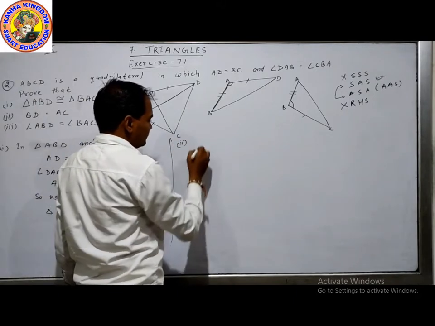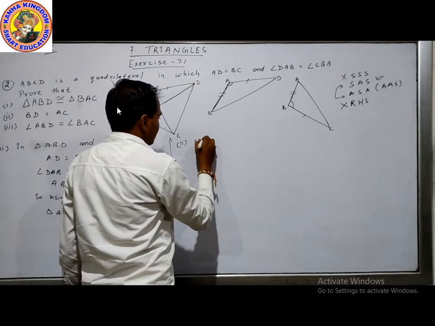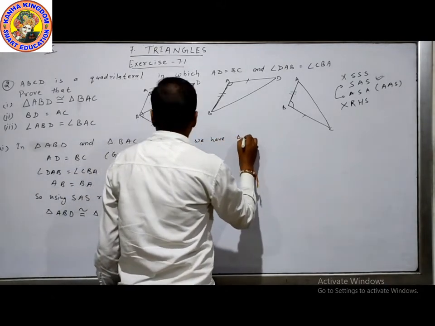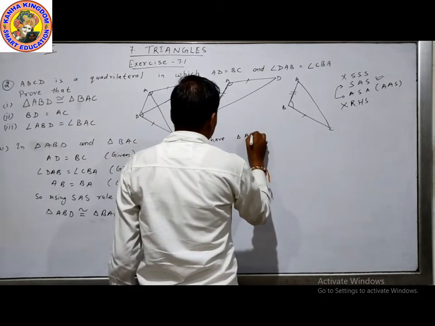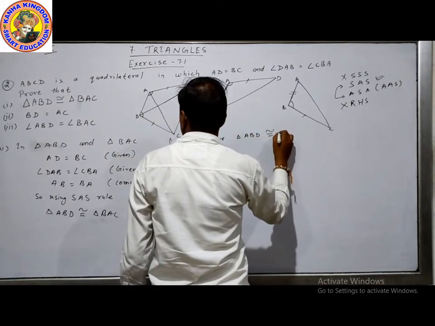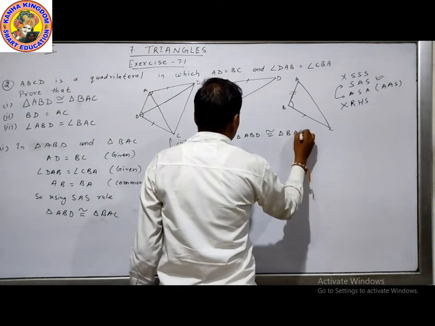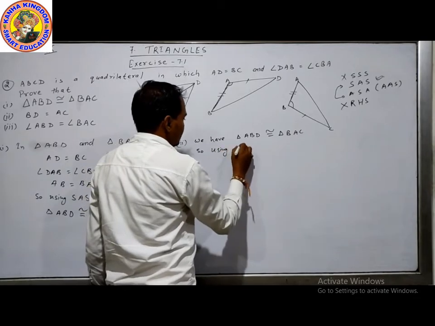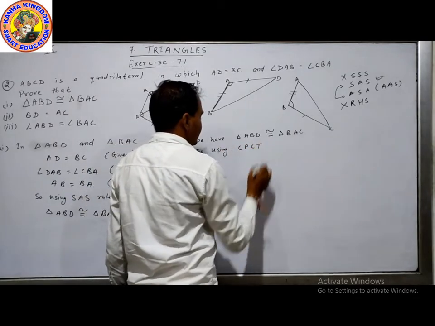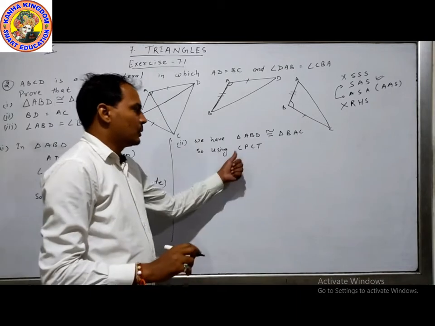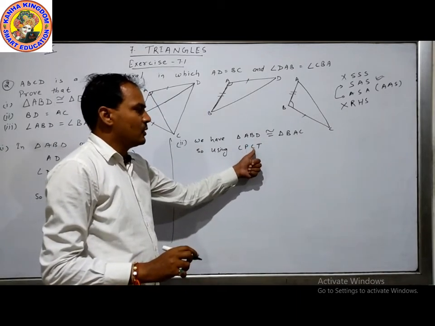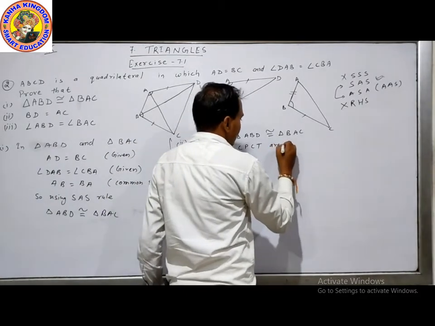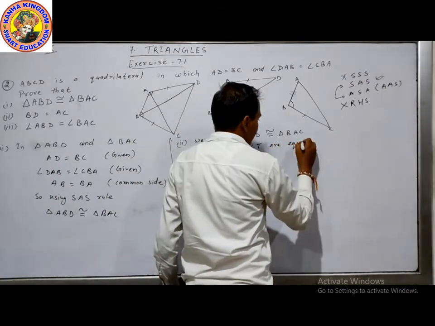So for the second part, we have triangle ABD congruent with triangle BAC. So using CPCT, corresponding parts of congruent triangles are equal.